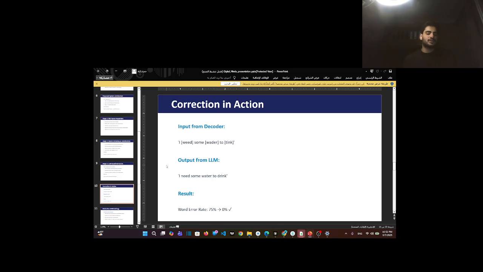The LLM correction becomes "I need some water to drink." In this example, the word error rate improves from 75% to 0%. Of course, this is a simple example, but it shows the main idea clearly. The BCI decoder gives a noisy approximation, and the LLM uses language structure to reconstruct the intended sentence.